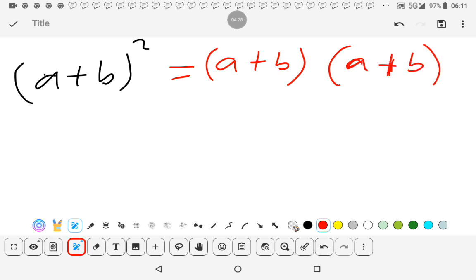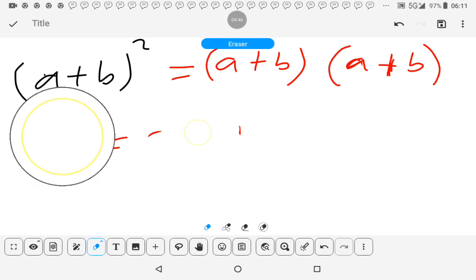So you have now broken the square. This shows that it appears 2 times, just like when we said a square is equal to a times a. So a plus b squared is the same thing as a plus b times a plus b.